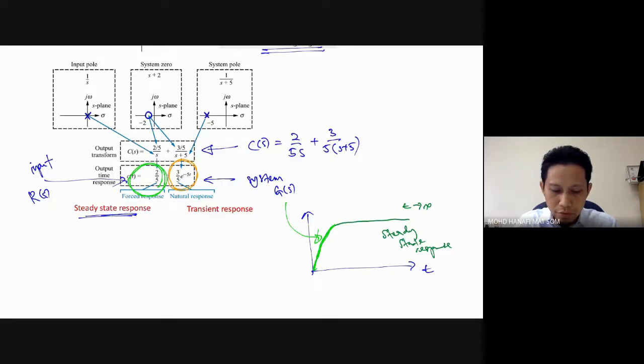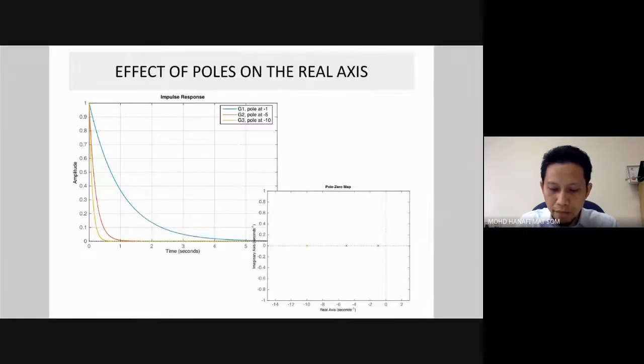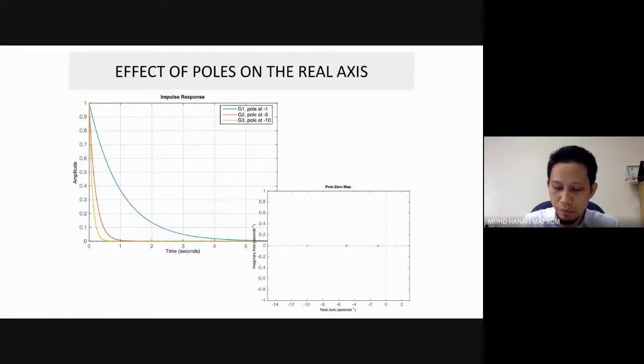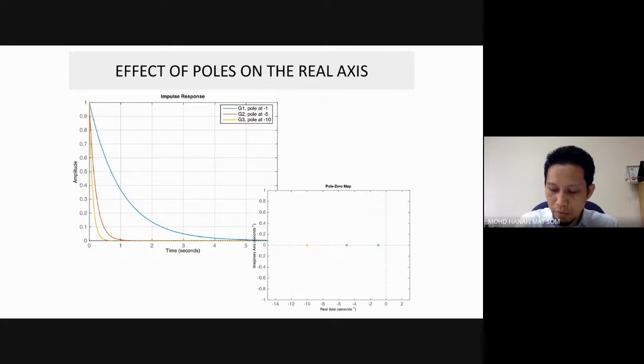Okay. So next, I will show you the effects of poles on the real axis. For example, the first one, we have a pole at -2. Sorry, this is actually -1.